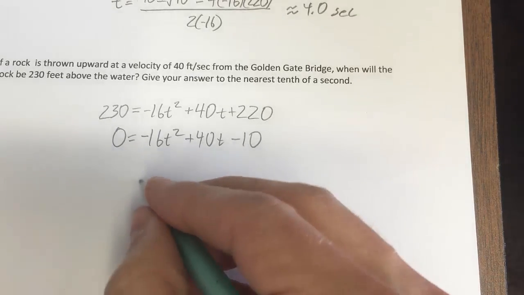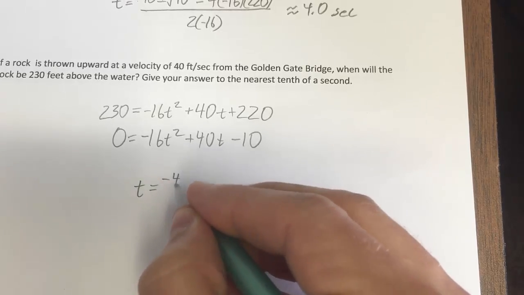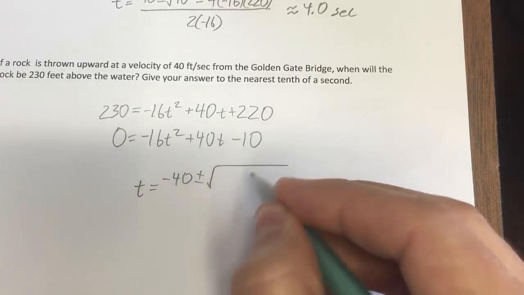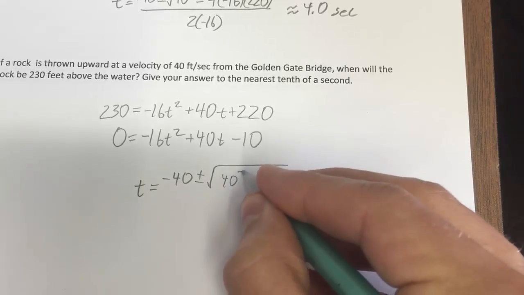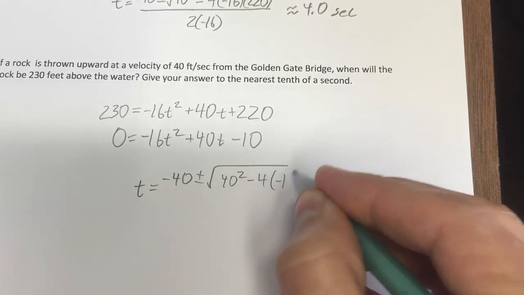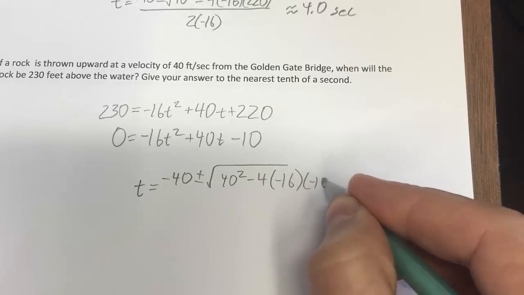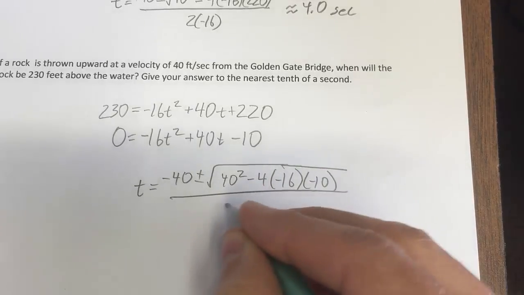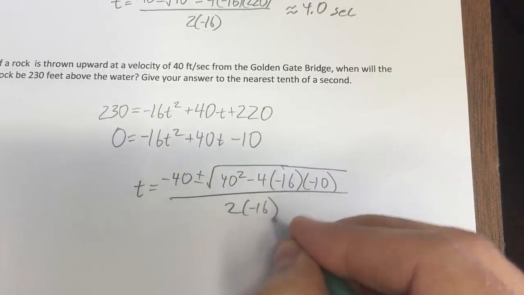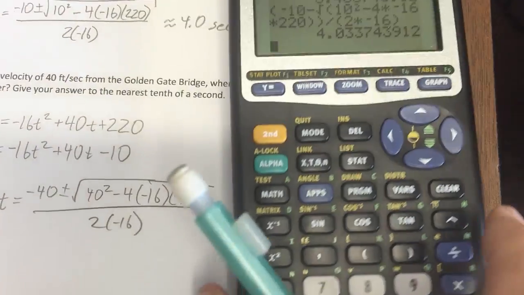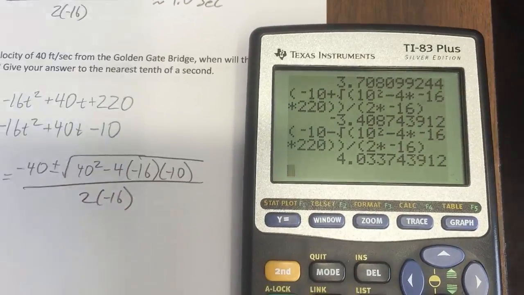Okay, so we have here t equals -40 plus or minus the square root of 40 squared minus 4 times -16 times -10 all over 2 times -16. So, sort of a similar procedure here.